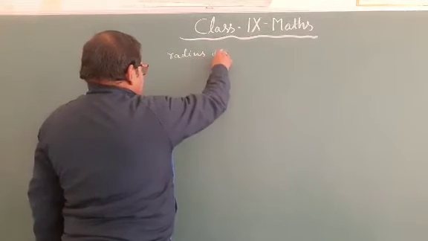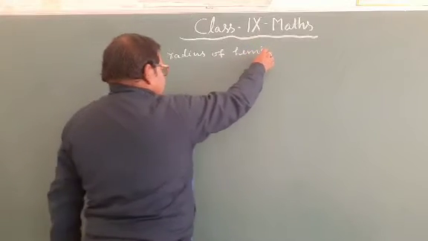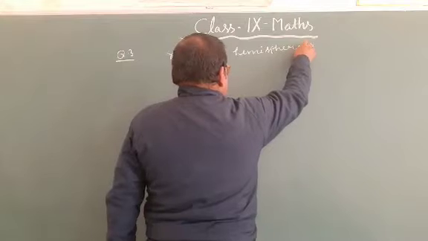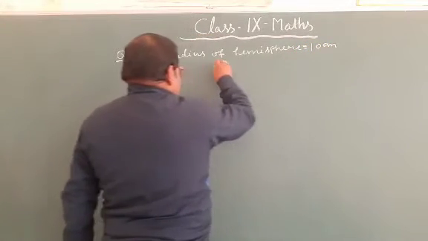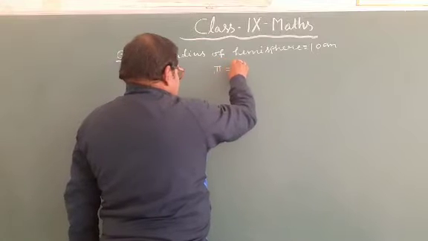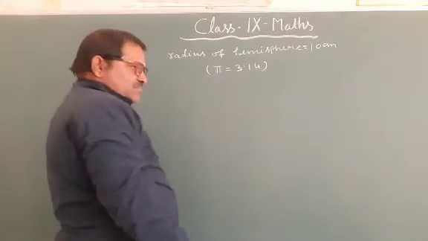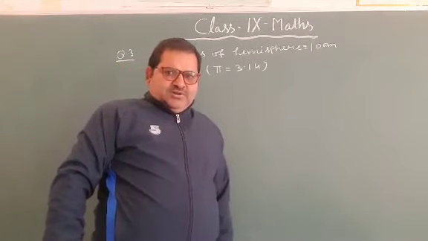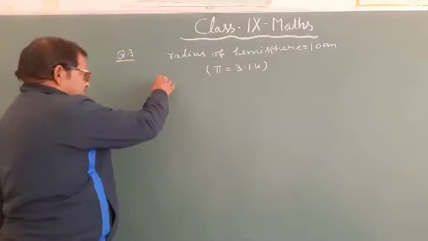Radius of hemisphere is 10 centimeter and pi equal to 3.14. Now find the total surface area.